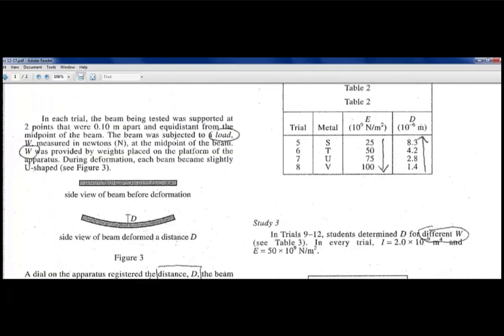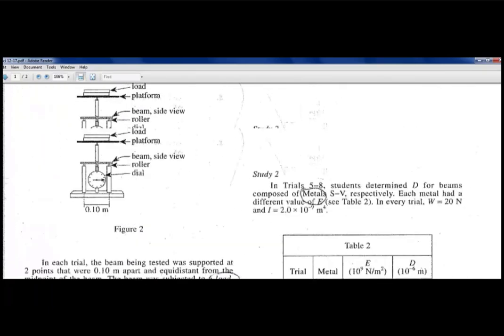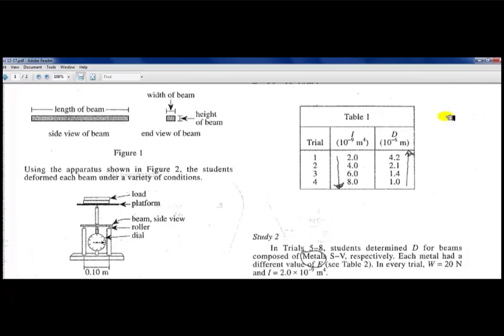When we scroll back up to table 1, you will see that when we're dealing with I versus D, as I increases, what happens to D? The numbers go down. Small to large, large to small. The arrows are going opposite, so you know this is a negative relationship.